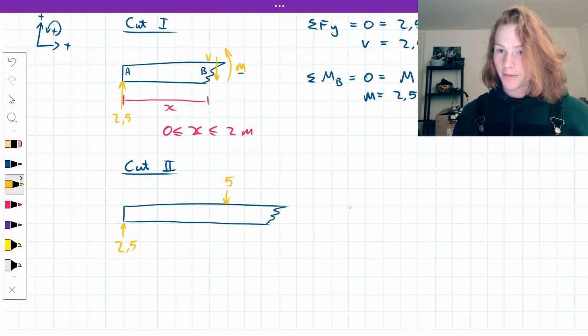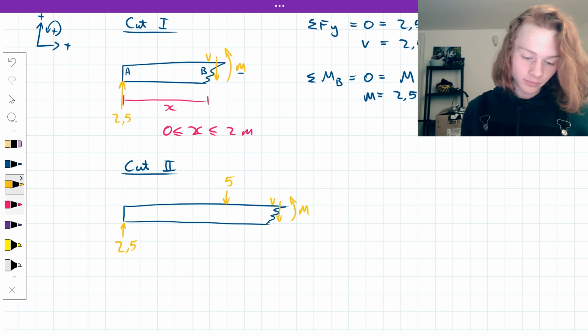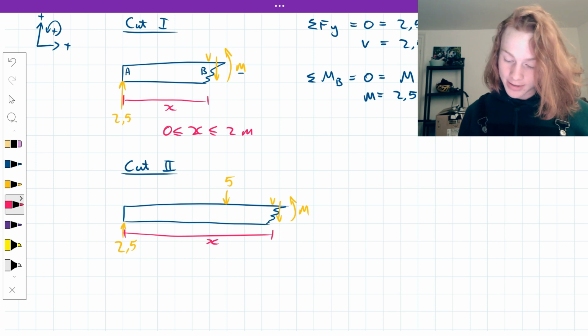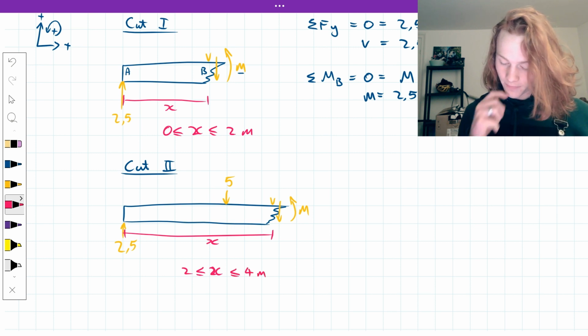Then we will have our internal force V and our internal moment M. The distance is again a value of x, but this time x is greater than or equal to 2 meters and less than or equal to 4 meters.